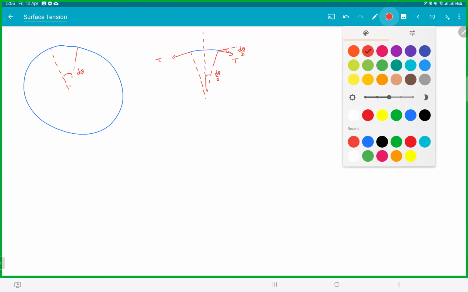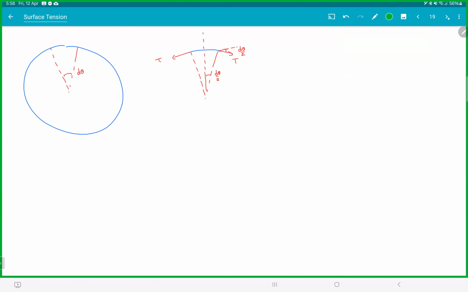This is tension. The surface tension is pulling it out. What force? 2 into S into R d theta. So we can write 2 times sine d theta by 2. The vertical components will be 2 into S into R d theta. For small angle, sine theta is theta.